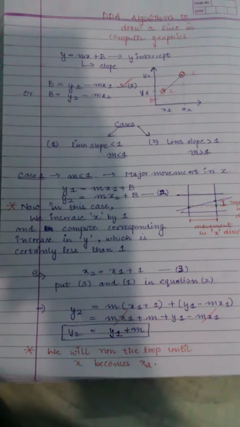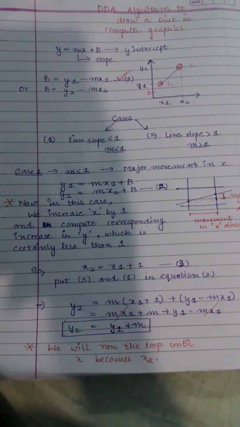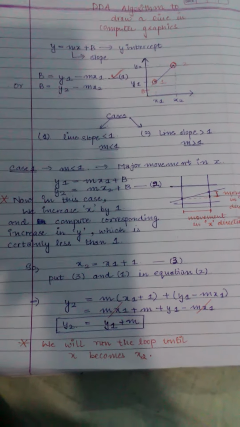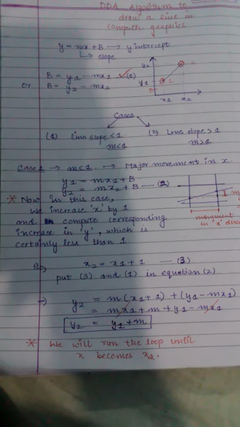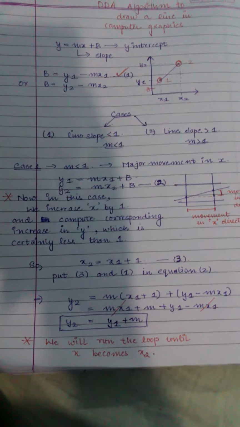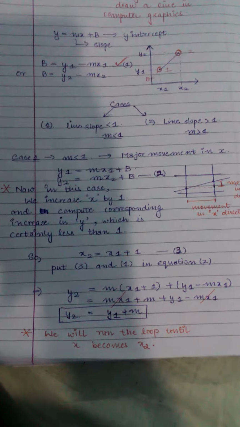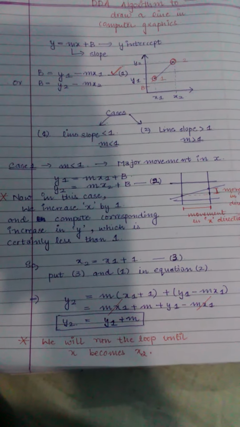So y1 is mx1 + b, and similarly y2 is mx2 + b. Now we increase x by 1, so we can see that x2 will be x1 + 1. Let's say this equation is equation number 3.